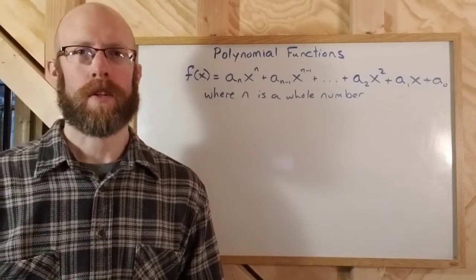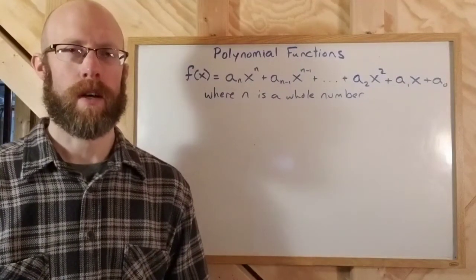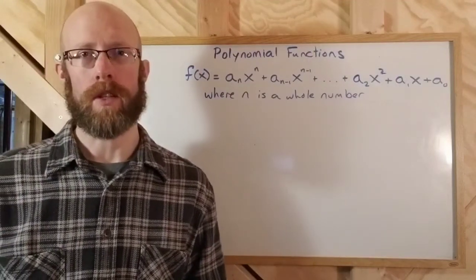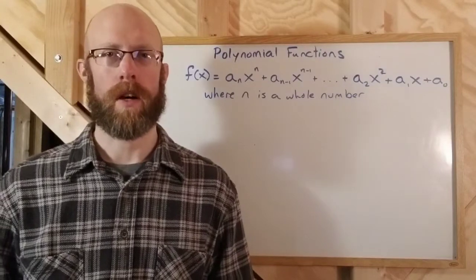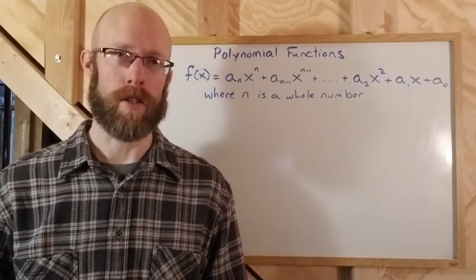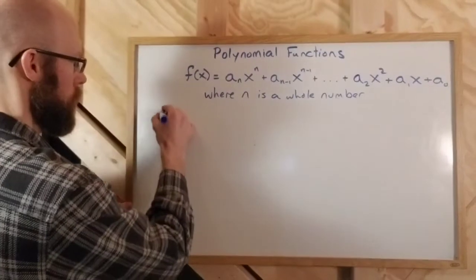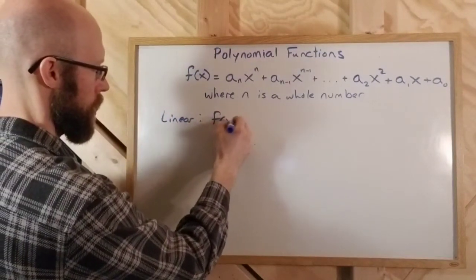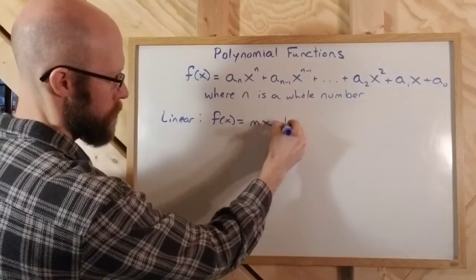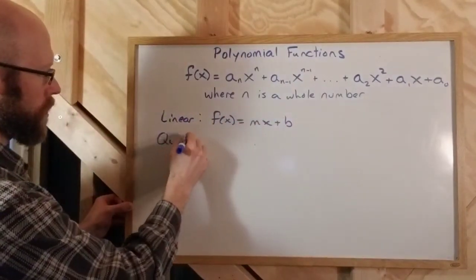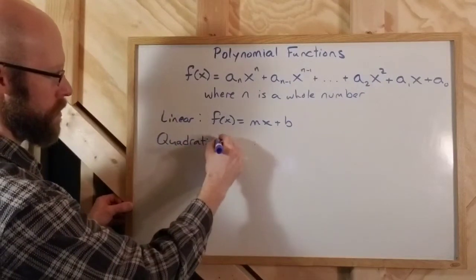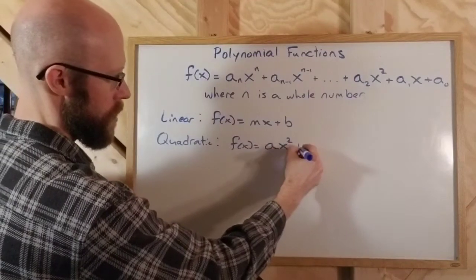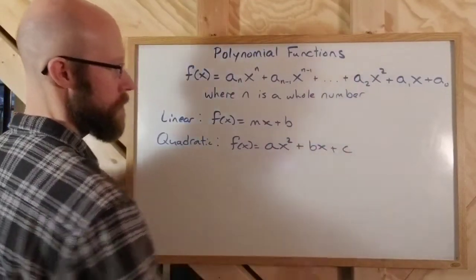The next type of function that we're going to be working with and really going in depth on are polynomial functions. We've already studied two types of polynomial functions, linear functions and quadratic functions. Linear functions, if you'll recall, are functions of the form f of x equals mx plus b, and quadratic, if I put them in standard form, would be f of x equals ax squared plus bx plus c.